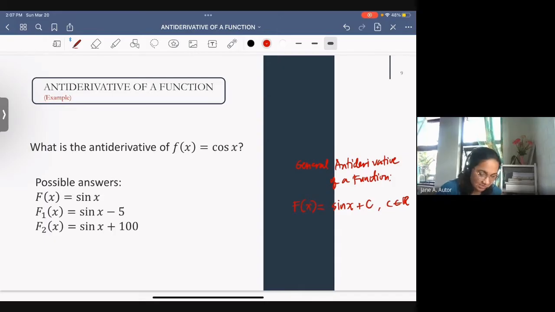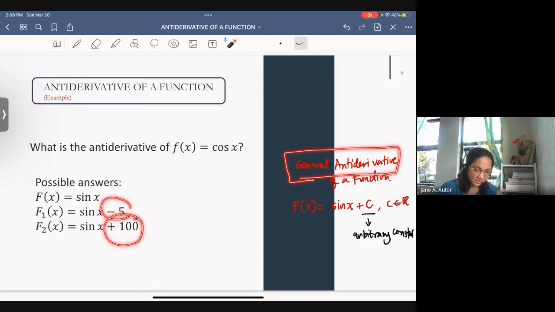So this C is our arbitrary constant. Okay? So for us to show all possible antiderivatives of a function. These possible answers are what we call particular antiderivatives. But since we're dealing with general antiderivatives, the general way of writing the antiderivative of a function, we call that the general antiderivative.